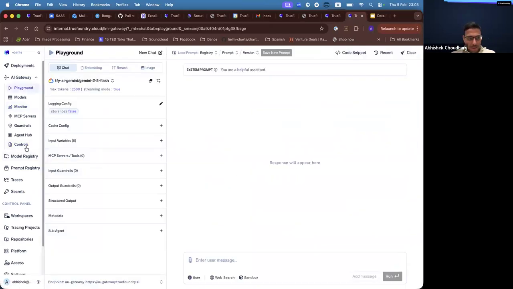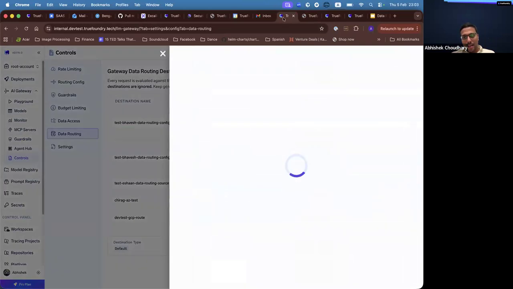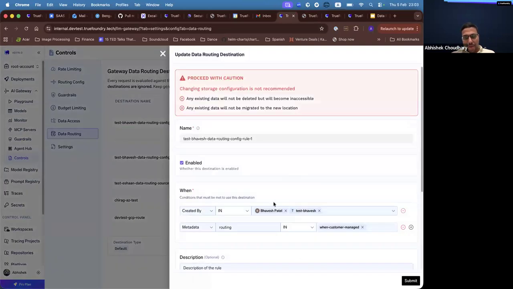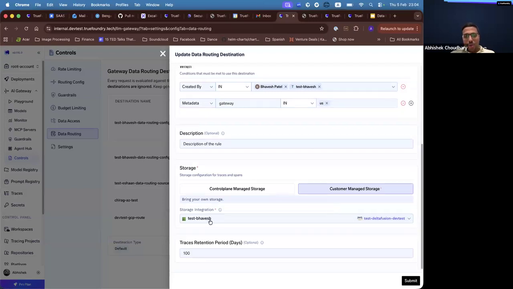So data routing, I'll just show you here. Basically, you can define things like, if my data is created by these applications or these users, or you can also say that my region of the gateway is, let's say, US East, or let's say US, then direct the data to this bucket.